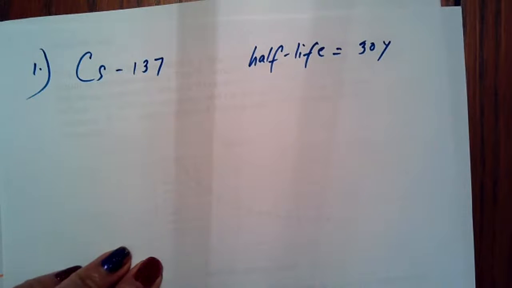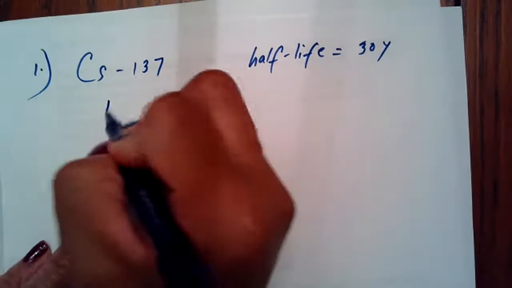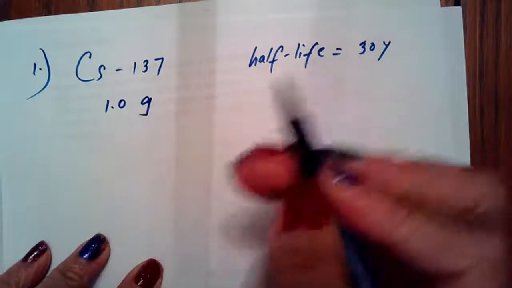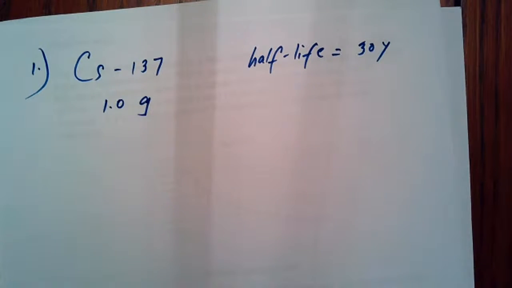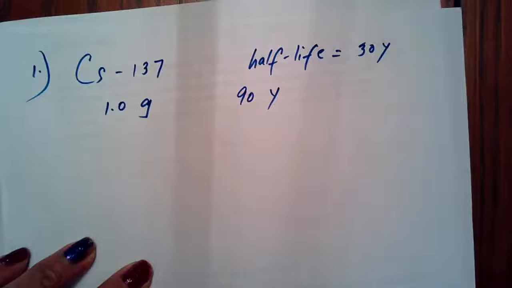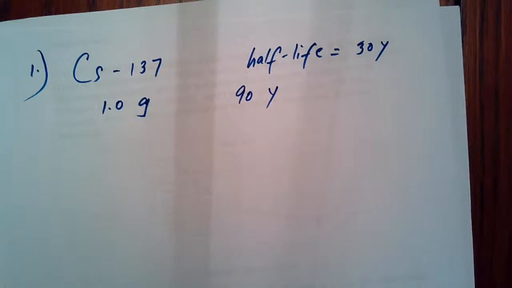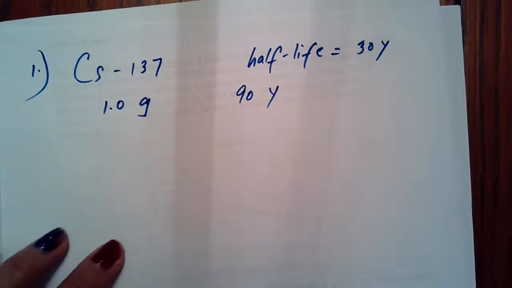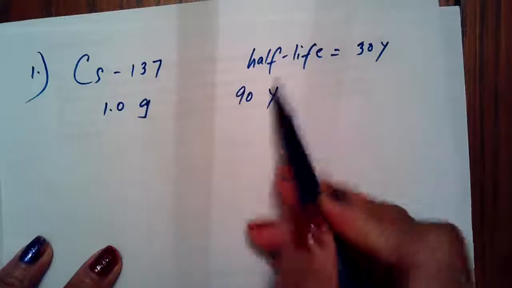If you start with 1 gram of cesium 137, let's take a look at how many grams of cesium 137 would remain after 90 years.